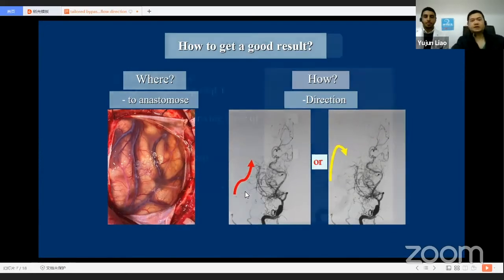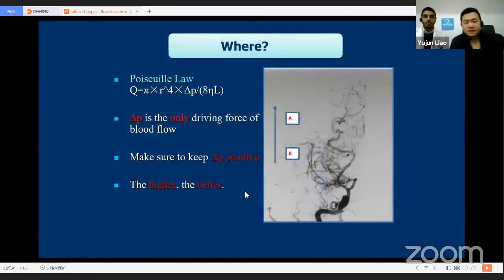Now let's go to the first one. After we open the dura, where to anastomose? Let's take a short look at the Poiseuille's law equation on the left side. It seems very complicated, but we only need to know 2 things. The first one is Q, the blood flow in the STA.